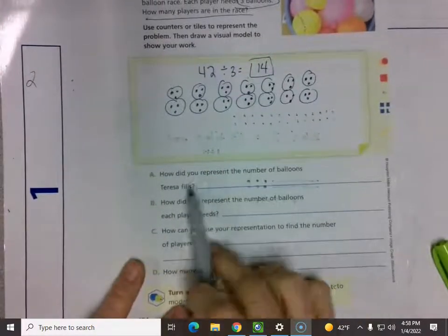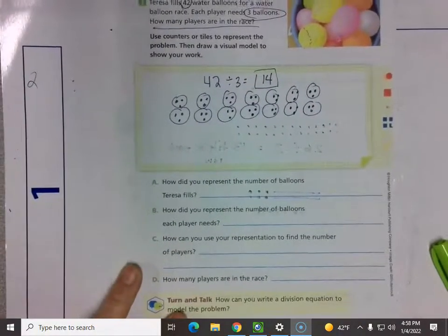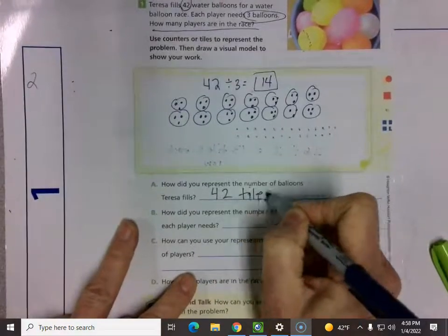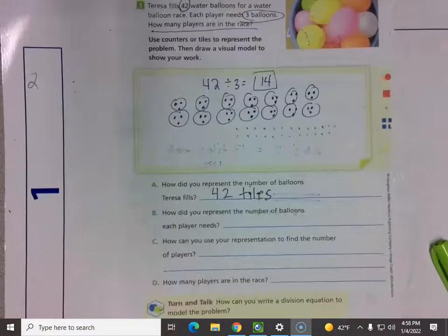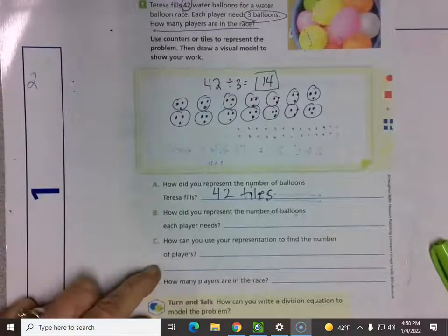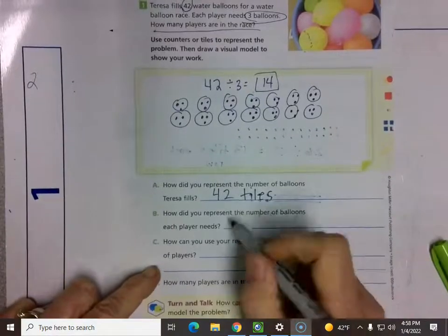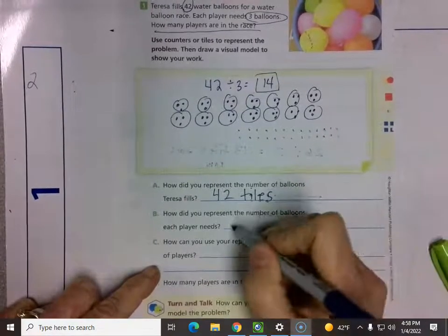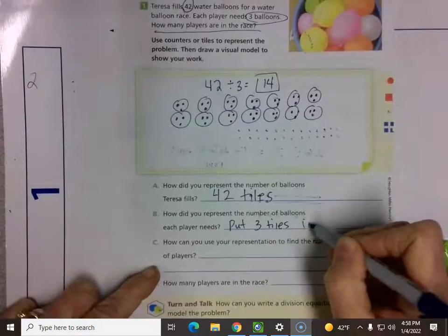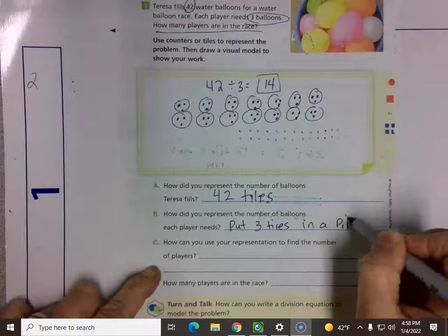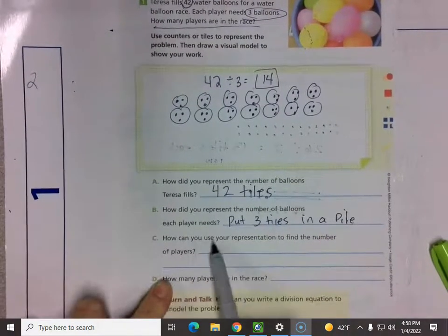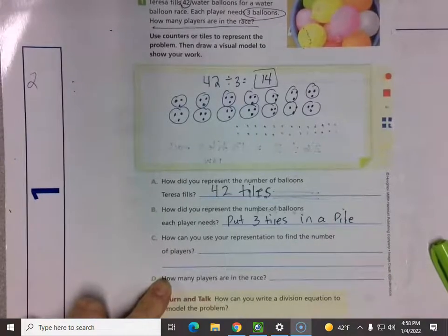All right, so how did I represent the number of balloons that was filled? Well, I did that with the 42 tiles that I started out with. How did I represent the number of balloons each player needs? Well, I made a little pile of 3. I put 3 tiles in a pile. How can you use your representation to find the number of players?